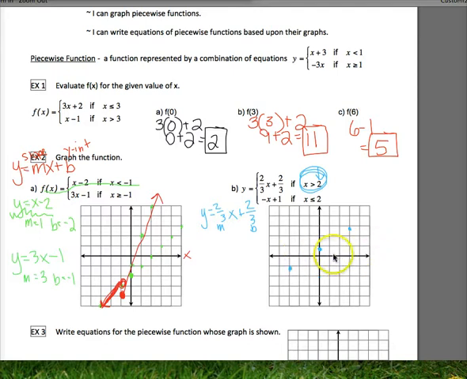So this is my x-axis, x equals 1, x equals 2. I go up to where that line would be, and I'm going to put an open circle there. I only want greater than, so the values bigger than 2 are this way. So that means this part of the line.